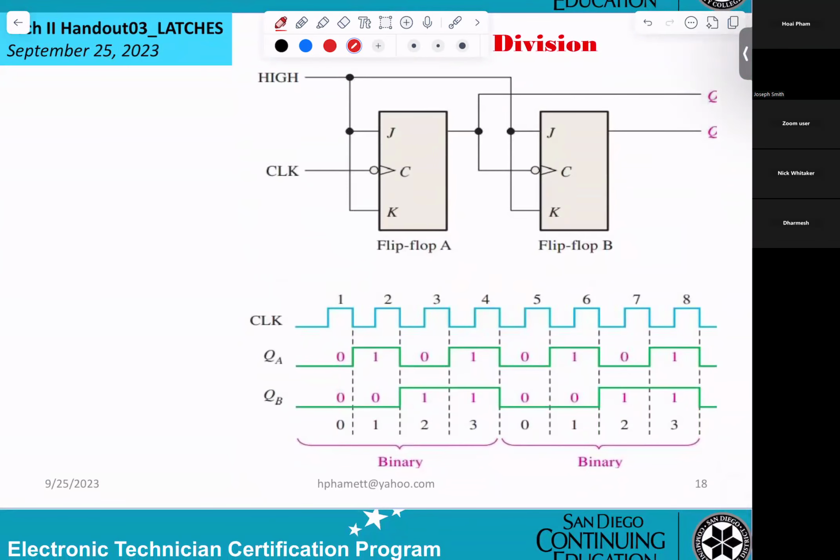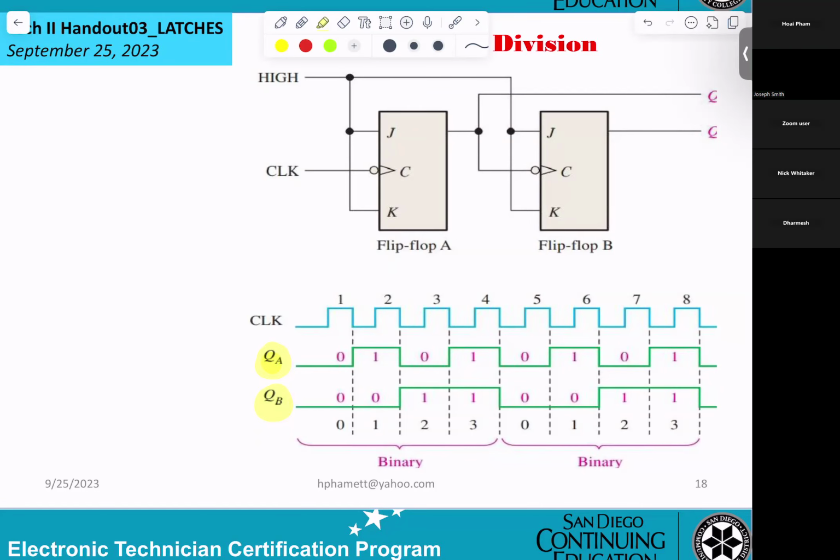And now they are using the JK connection. So basically, you have to go through that and try to understand. However, in here, we already gave you output QA and output QB.